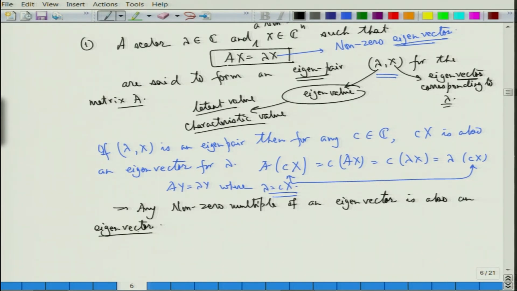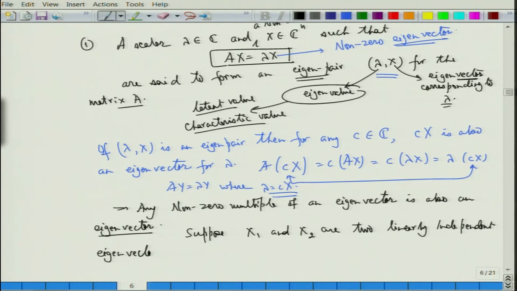Further, suppose x1 and x2 are two linearly independent eigenvectors for lambda. Lambda is the same. Then what we are saying is that A x1 is equal to lambda x1 and A x2 is equal to lambda x2.